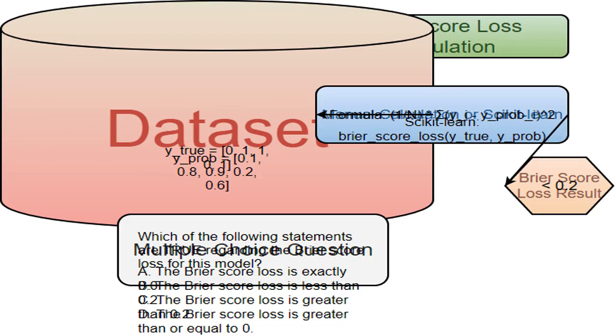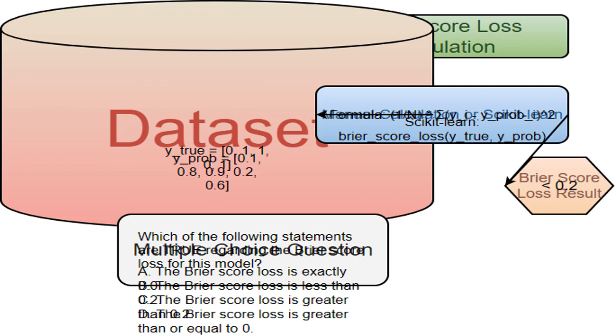I have the true labels, 0 or 1 representing negative or positive class respectively, and predicted probabilities for a binary classification model. The true labels are y_true equals 0, 1, 1, 0, 1, and the corresponding predicted probabilities are y_prob equals 0.1, 0.8, 0.9, 0.2, 0.6.